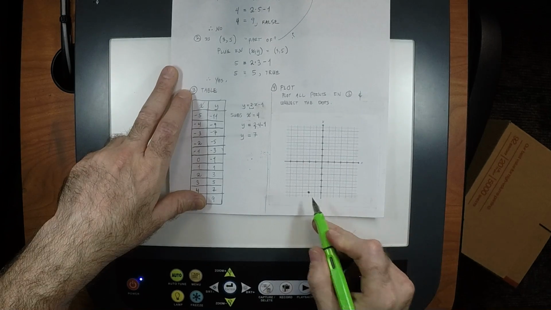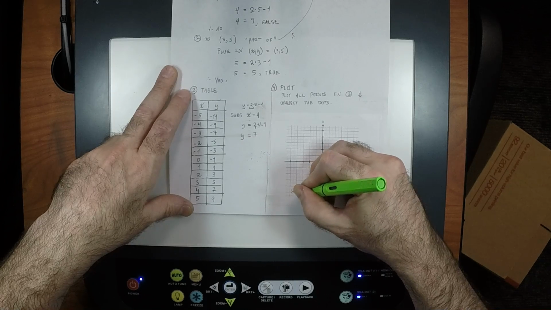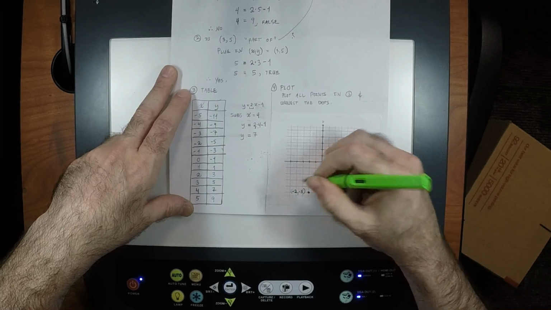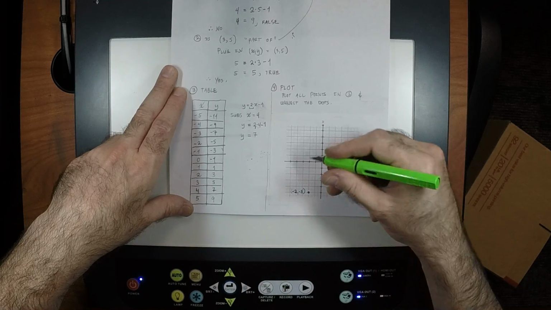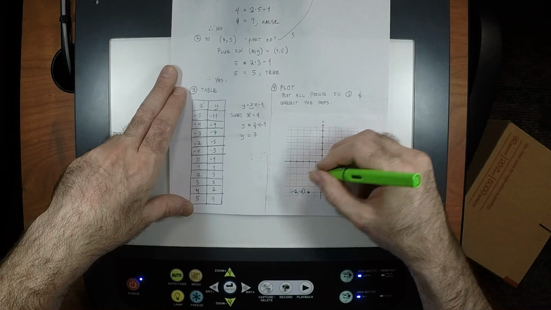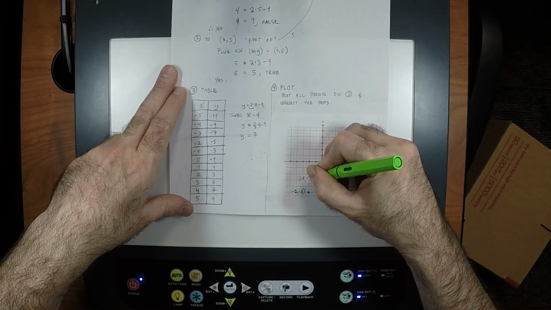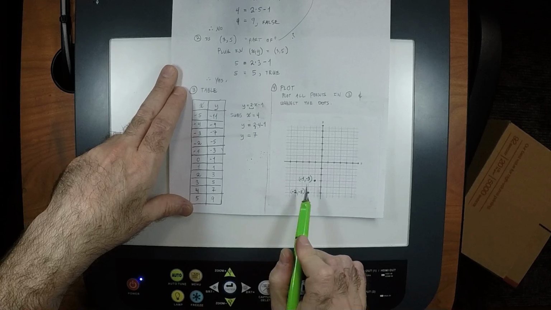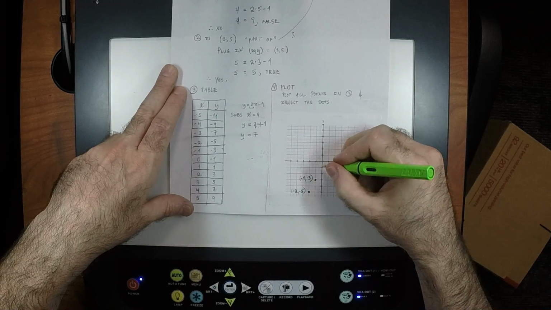That point right there is the point -2, -5. Good. And then how about -1, -3? Will that fit? It will, and it's right there. Then 0, -1 would be right here.